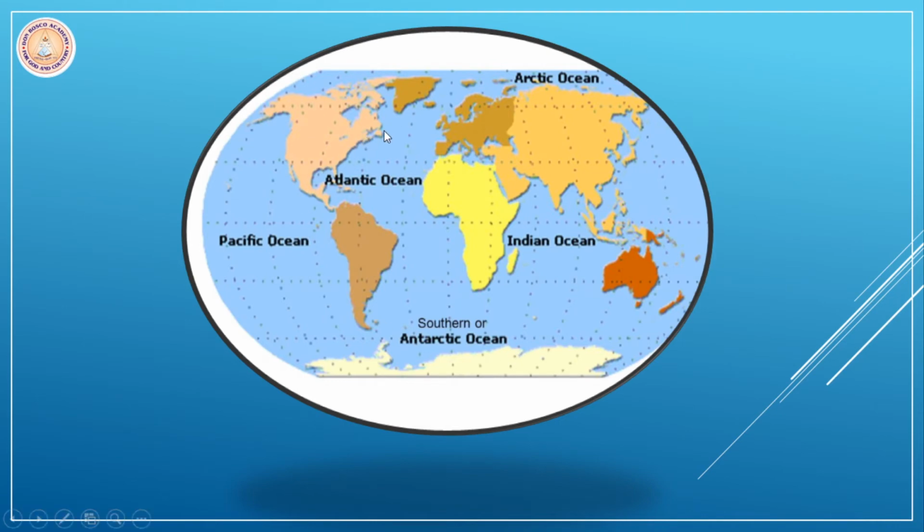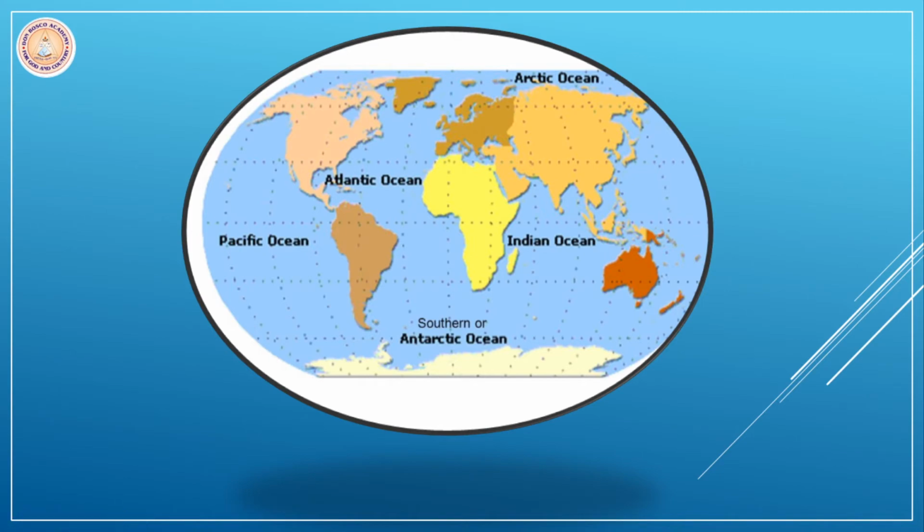See over here very clearly, we have the largest ocean, which is the Pacific Ocean. The Atlantic Ocean, between the Americas and Africa and Europe, is the second largest ocean. Indian Ocean is the third largest, followed by the Southern Ocean, and then we have the Arctic Ocean.